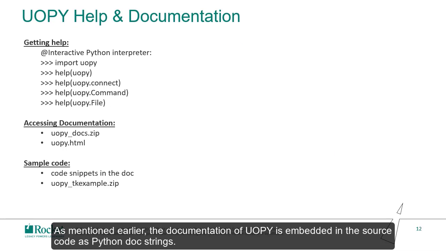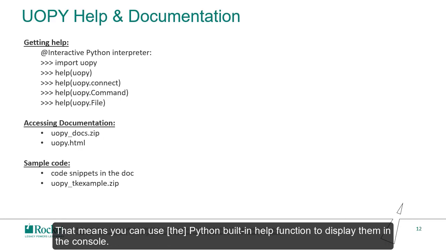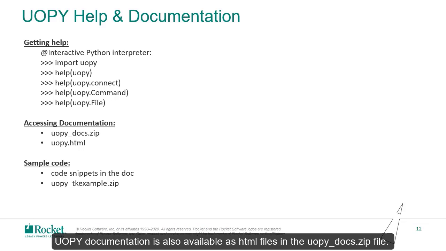As mentioned earlier, the documentation of UOPY is embedded in the source code as Python doc strings. That means you can use Python's built-in help function to display them in the console. UOPY documentation is also available as HTML files in the UOPY_docs.zip file.